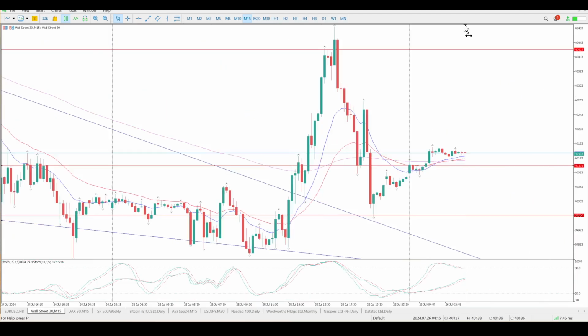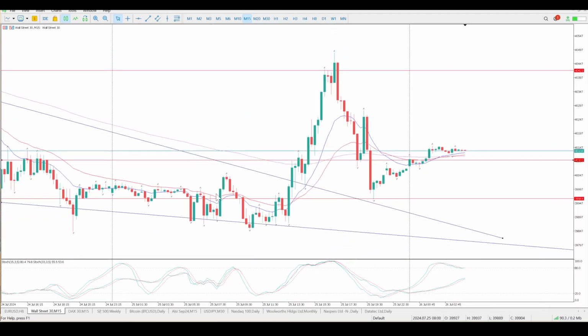And drilling down to the 15 minutes, you can see there's a fairly decent break of the trend line, pull back to come and test the closest fractal, which was here, and then we got going and then rejected pretty much in the middle of nowhere before falling. Now we're back in amongst the moving averages. So if you look at the hour and the 15 minute, there's nothing really clear that is saying we need to get moving to the upside.